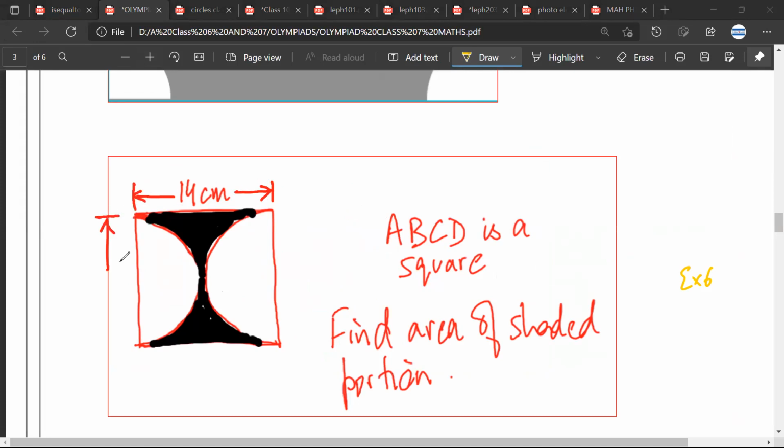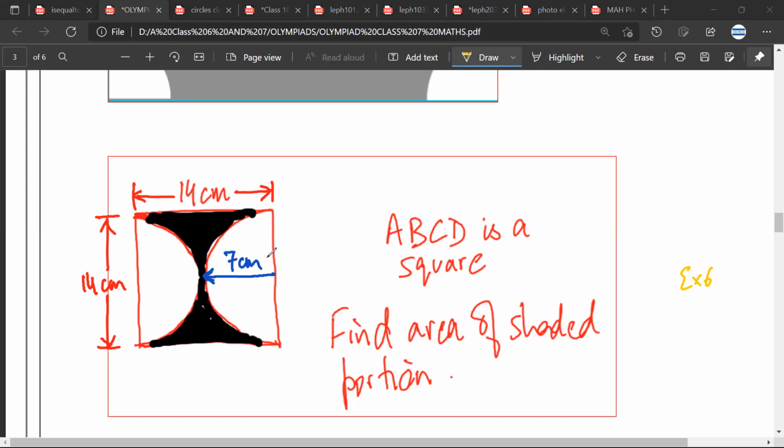Then add the semicircles' area and subtract it from 14 into 14. Mr. Satya, what will be the radius of this circle? So 7. Shabash. Mr. Sarthak, is it correct?